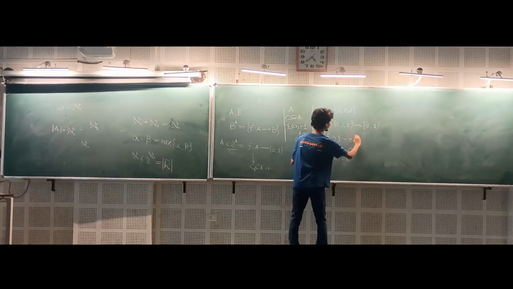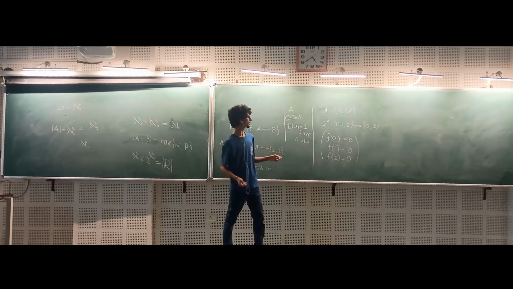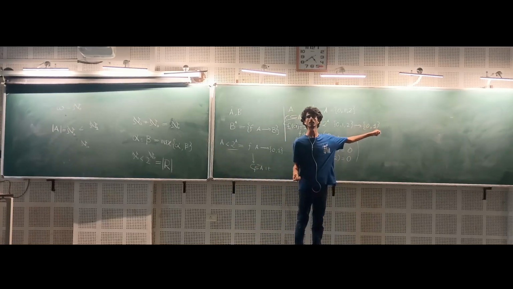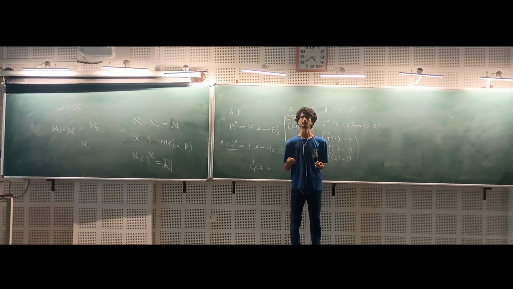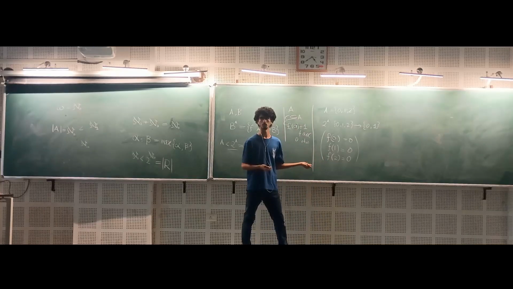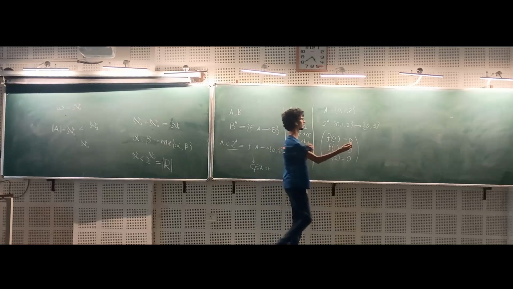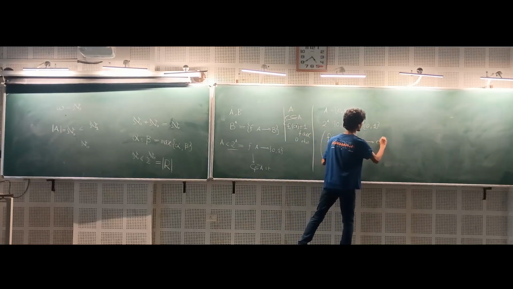Now, I'll take all the values that correspond to 1. I'll collect all the elements such that f of a is 1. Which element should I take? Nothing. So in this case, we are going to get the empty set.